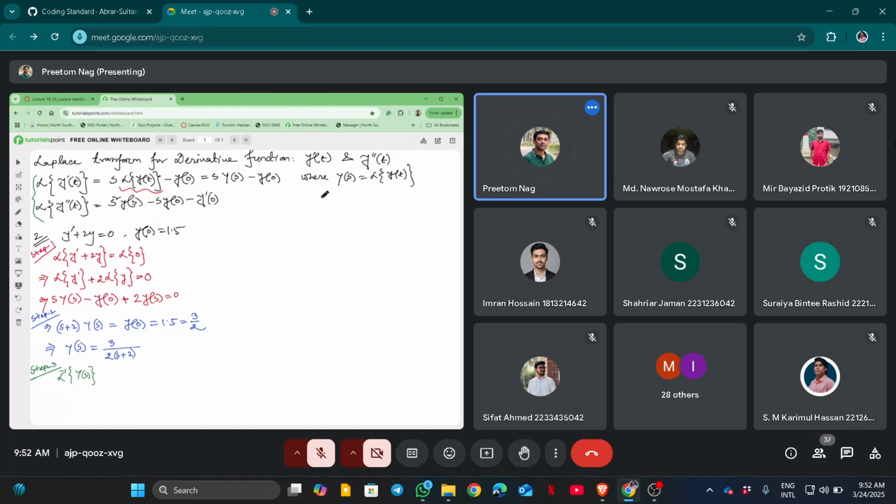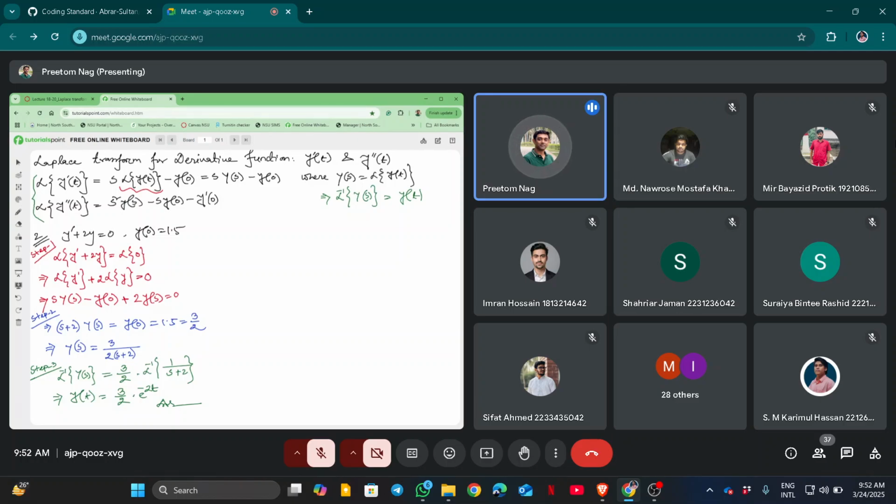Look at this equation: if you apply the inverse Laplace transformation on Y(s), the right hand side will be y(t). So we apply this concept here: 3 by 2 into L inverse of 1 by (s plus 2). So finally the result is y(t) equals 3 by 2 e to the power minus 2t, and that is your answer.